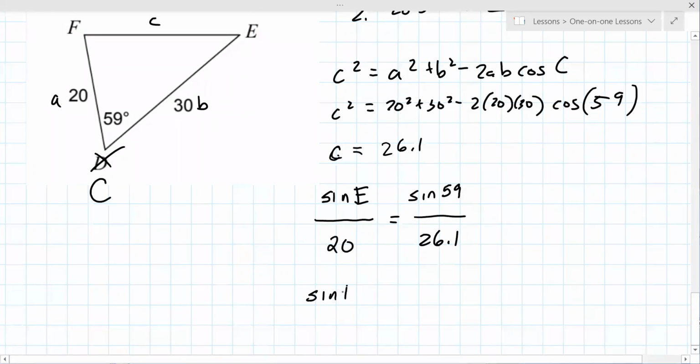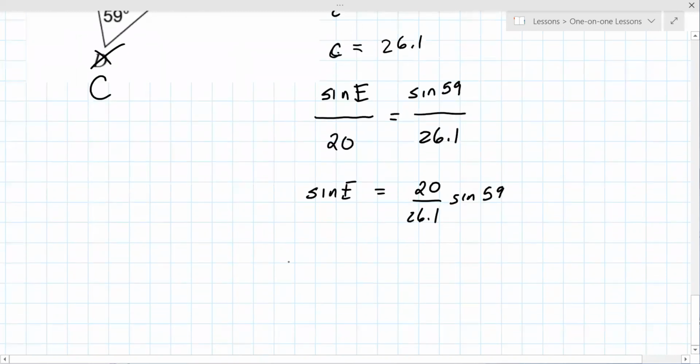Sine E, you can solve for this by multiplying both sides by 20. So it's 20 over 26.1 sine 59. And again, if you want to be that all-star, superstar student here, you would take the sine inverse of 20 over 26.1 sine 59.